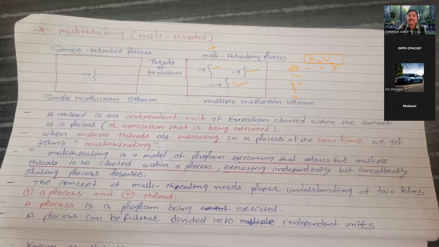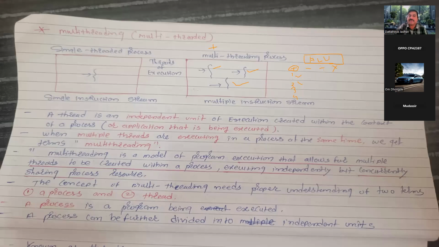So multi-threading is a model of program execution that allows multiple threads to be created within a process, executing independently but concurrently, sharing the process resources. Meaning the addition of one number, two numbers, three numbers will be executed by the same process, but they work simultaneously.